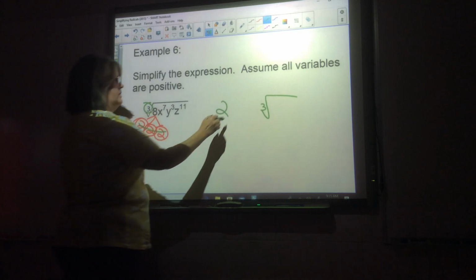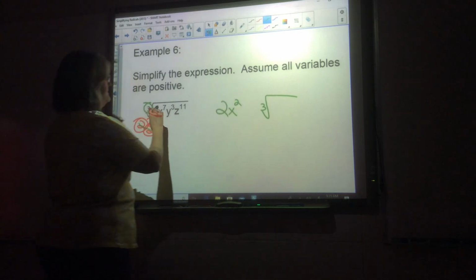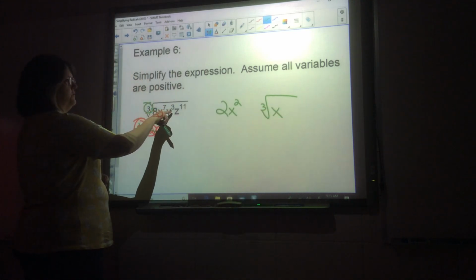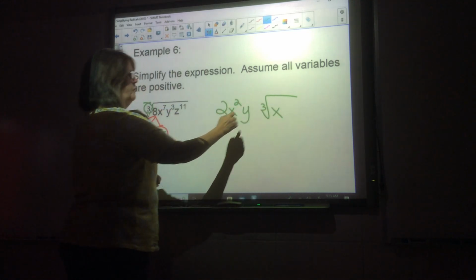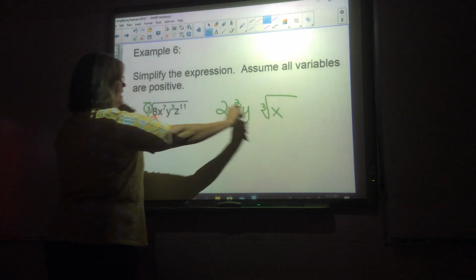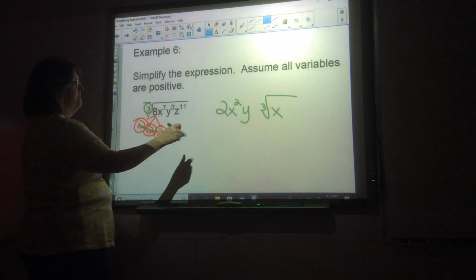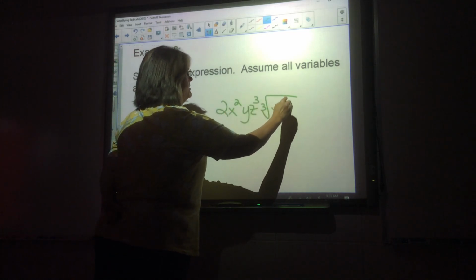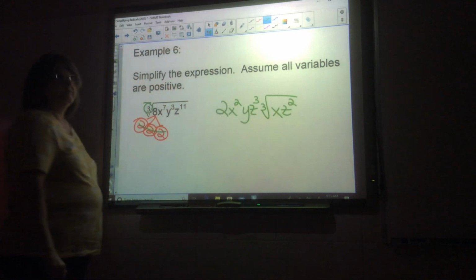That makes 6. So x to the 2nd power, and 7 minus 6 leaves me with 1. 3 goes into 3 one time with 0 left over, so no y's go inside there. And 3 goes into 11 3 times with 2 left over. And there we are. There's our answer.